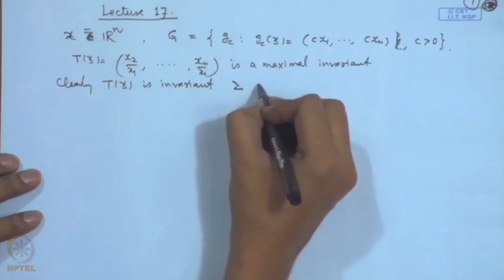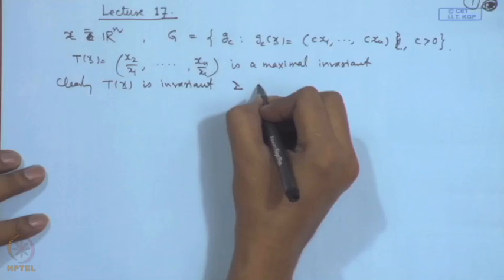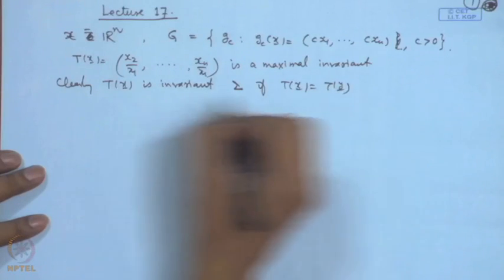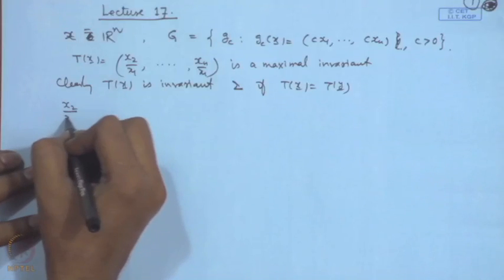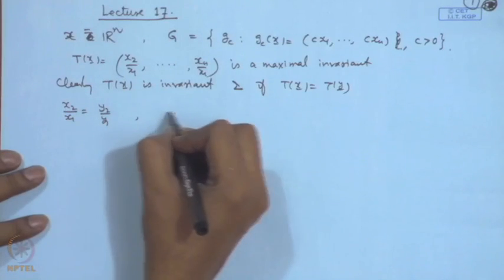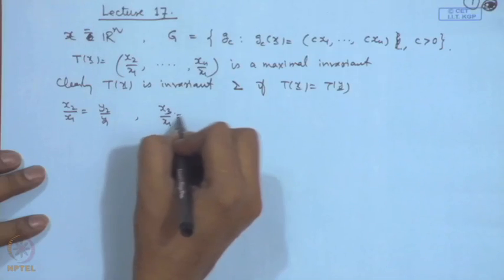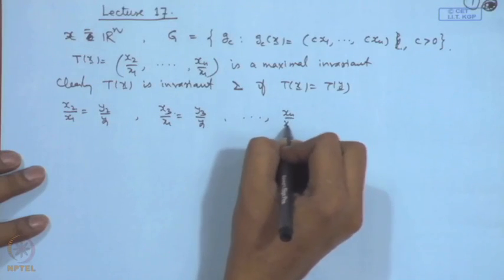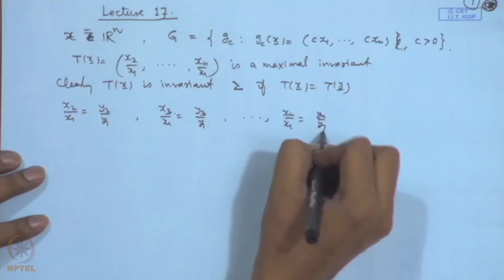and also if I take 2 points and T(x) is equal to T(y), then what I get is x2/x1 is equal to y2/y1, x3/x1 is equal to y3/y1 and so on, xn/x1 is equal to yn/y1.